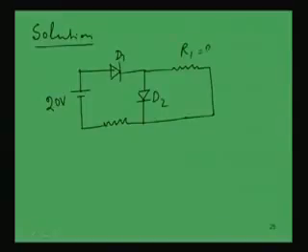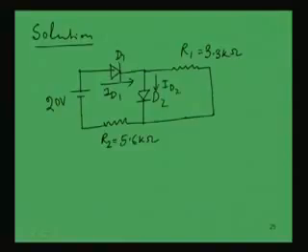R1 is given as 3.3 kilo ohm, R2 is given as 5.6 kilo ohm. What will be the currents ID1, ID2, IR1, IR2? This is the problem. You have to use the constant voltage drop model.